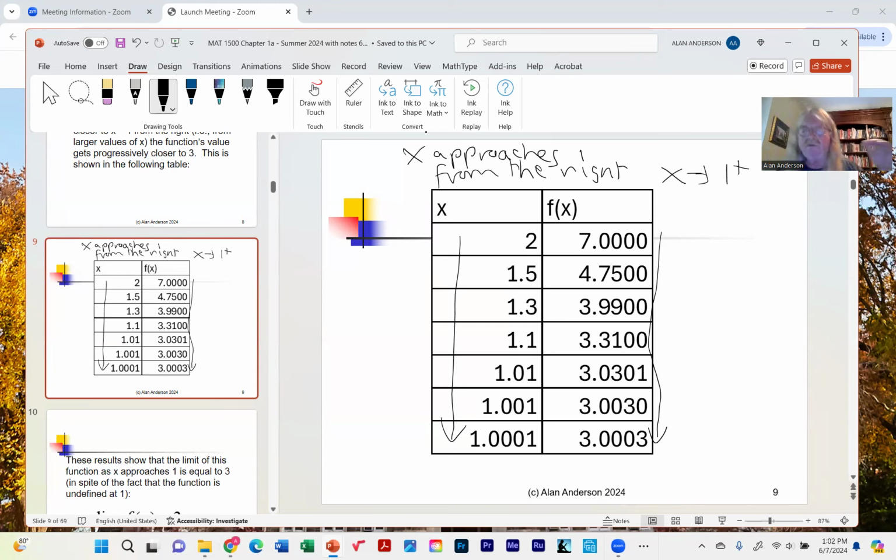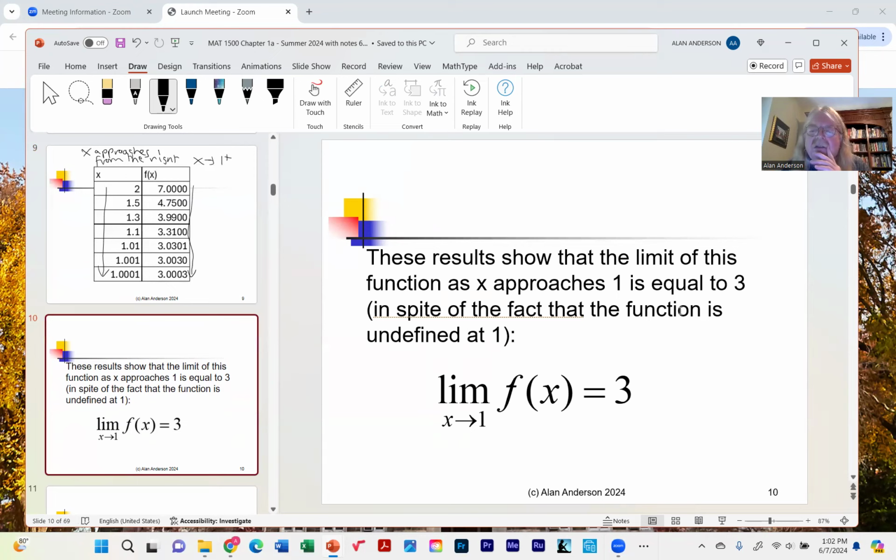And so they're both coming from both directions. The function is getting very close, or we can say infinitesimally close, to 3. And therefore, the limit of this function is equal to 3 at x equals 1. Okay, so this is how we wrap it up. The limit of this function as x approaches 1 is equal to 3, despite the fact that the function itself is undefined at 1.